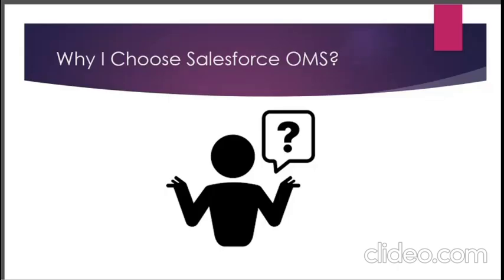And we will also see how to integrate the Salesforce website to the order management system, and how to integrate Salesforce B2B. It's a native integration, since both are on the same platform. We'll see how the data flows from the B2B website to OMS, or from OMS to B2B.